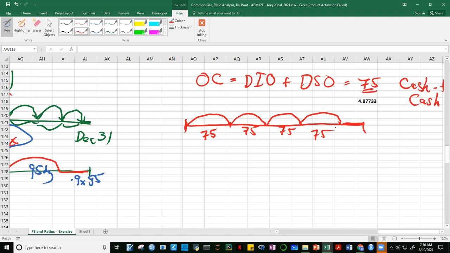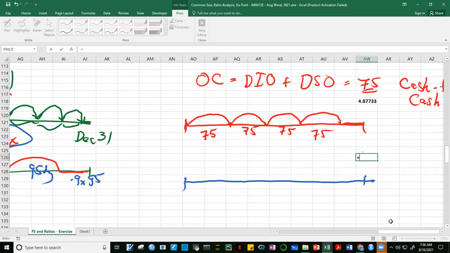Okay, while on the other hand, tayo, yung company natin, si XYZ, let's compare the operating cycle or the cash to cash cycle. Tayo, how many days tayo? Okay, copy ko lang.